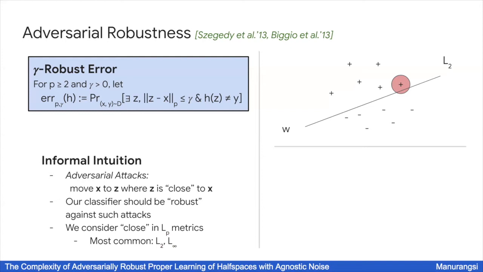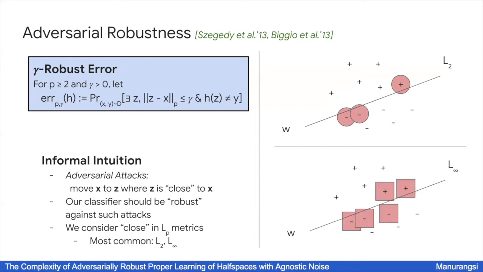And if the adversary can flip the label to the incorrect label, that point is also counted as incorrectly classified. For example, this plus point that is highlighted is now counted as an error in the gamma robust error notion. And similarly, for these 2 minus points on the left.